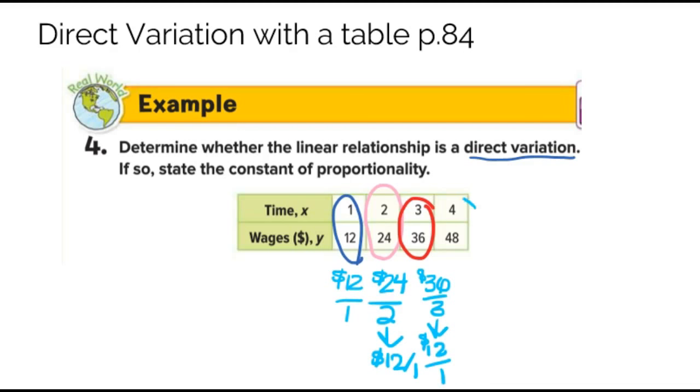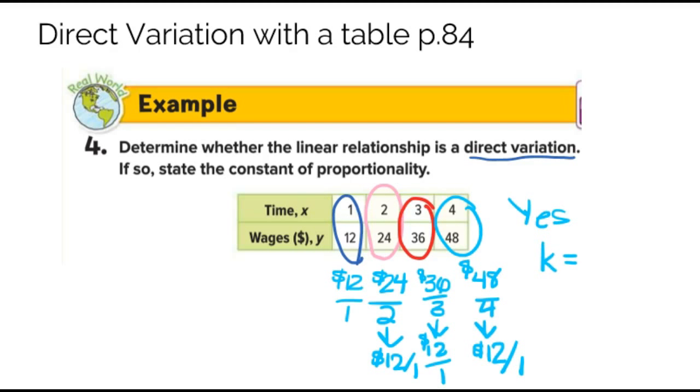And last but not least, $48 per 4 units of time will give us $12 per unit of time. So, is this linear relationship a direct variation? Yes, it is. Our constant of proportionality, or we like to call now k, is $12 per 1 unit of time.